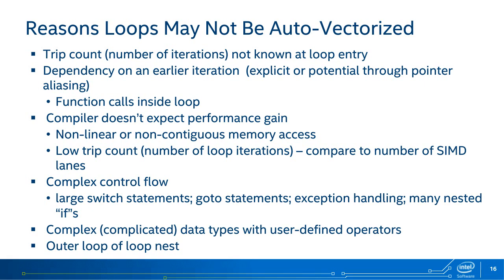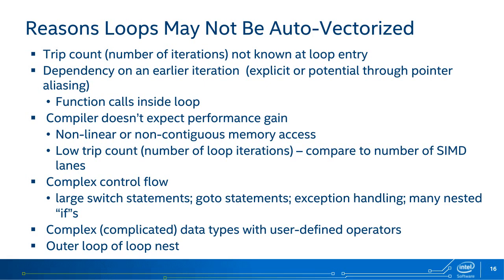The compiler doesn't expect a performance gain in some cases, and the efficiency heuristic is still really important, but you can still override it using a special pragma called pragma vector always, which says, please ignore the efficiency heuristic for this specific loop.